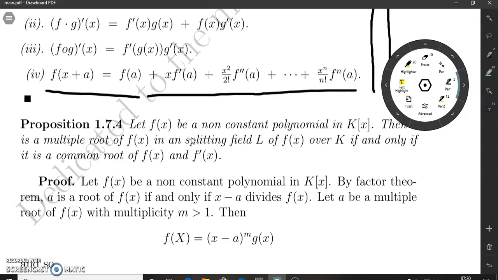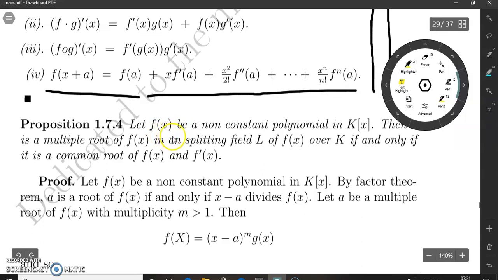Let f(x) be a non-constant polynomial in K[x], then a root a of f(x) is called a multiple root if (x minus a) power m divides f(x), but (x minus a) power m plus 1 does not divide f(x), for some m greater than 1. This m is called the multiplicity of the root.